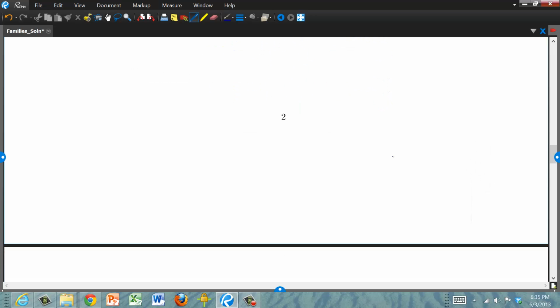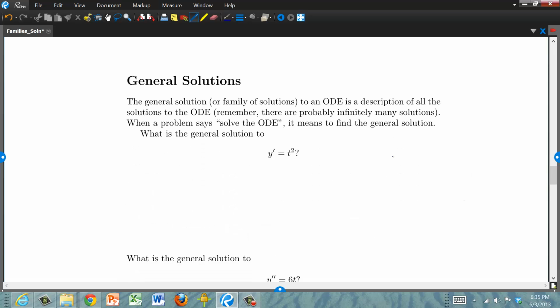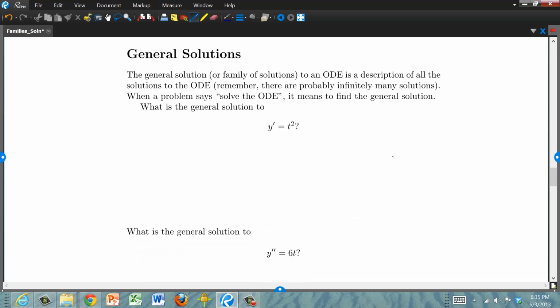Okay, so let's carry on a little bit. Like I said just a second ago, there are infinitely many functions that'll solve a given differential equation. Now we obviously can't list them all off, so what we'd like to do is describe the solutions to a differential equation.